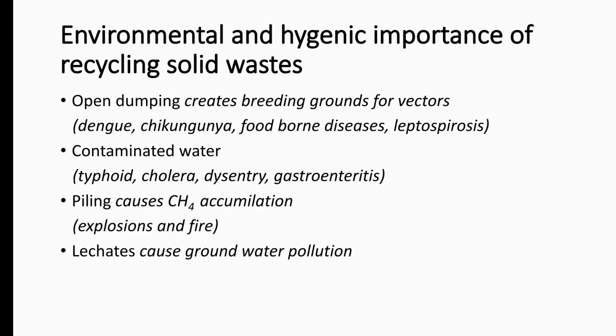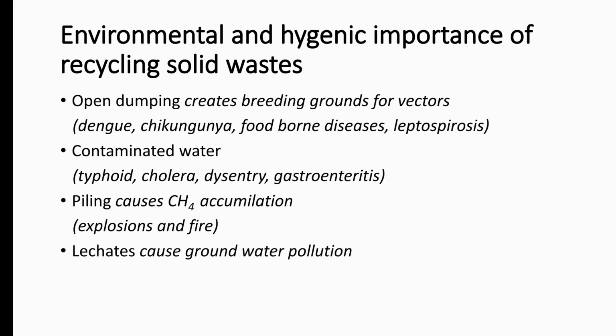Now let's talk about the environmental and hygienic importance of recycling solid wastes. As I mentioned earlier, poor solid waste management affects community health and environmental safety. Now let's see some examples for poor solid waste management and how it has affected community health and environmental safety.